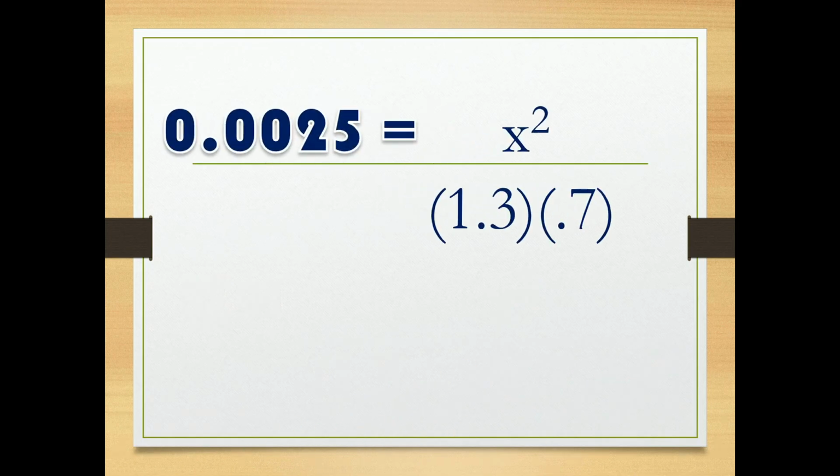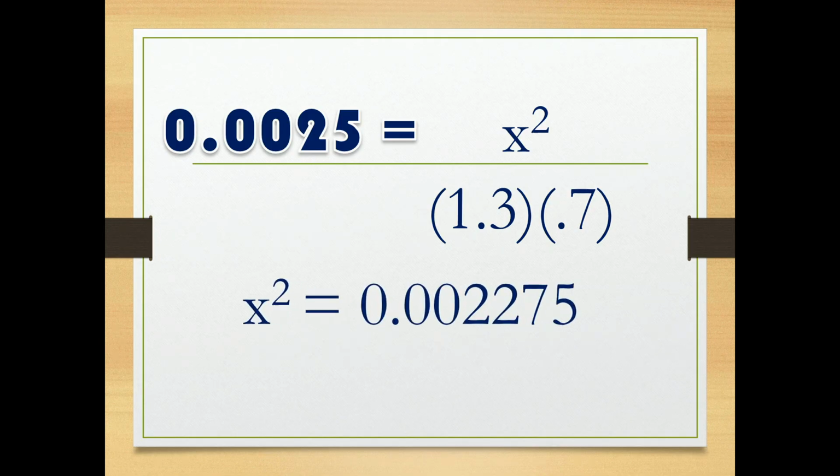So now I have 0.0025 equals x squared over 1.3 times 0.7. 0.0025 times 1.3 times 0.7 gives me x squared is equal to 0.002275. Square root of that, 0.048.